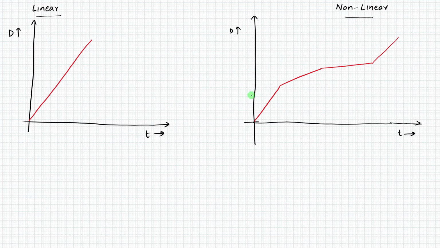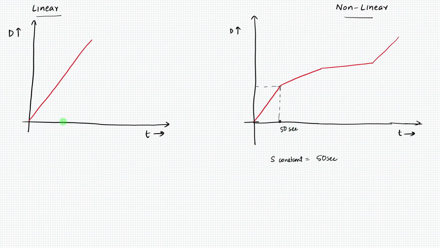But one important thing you have to understand here is that, let us assume the athlete's speed is constant, say for the first 50 seconds. So let's take that time interval till here. Till here the athlete's speed is say 5 meters per second. So here it is 50 seconds.